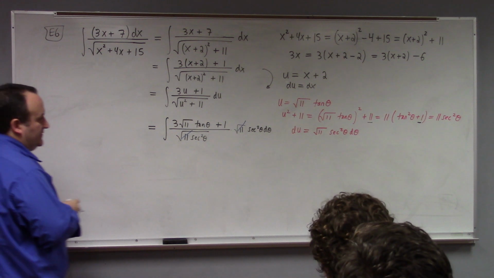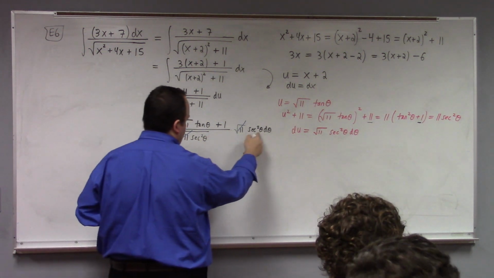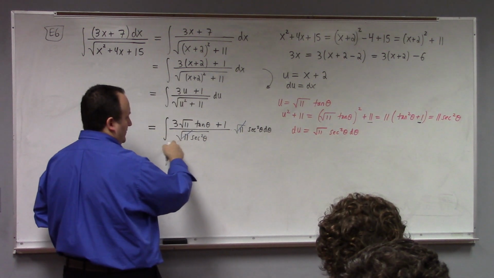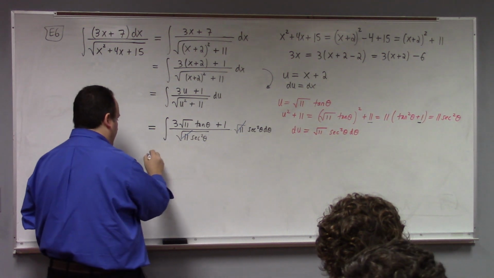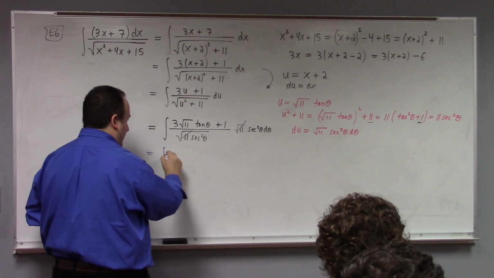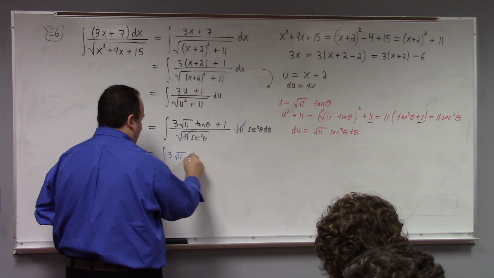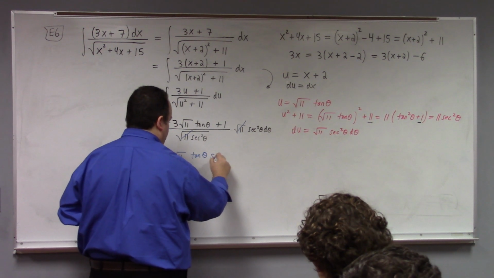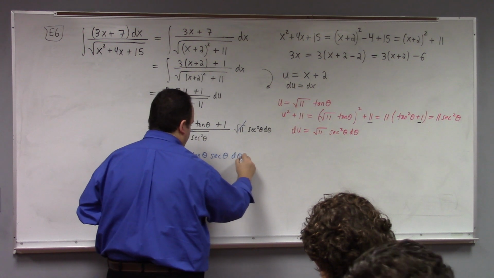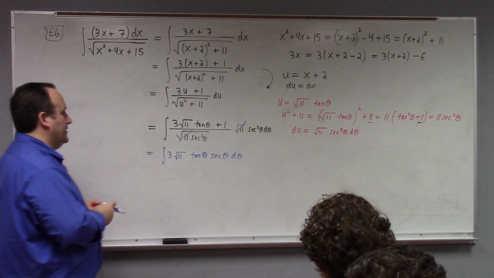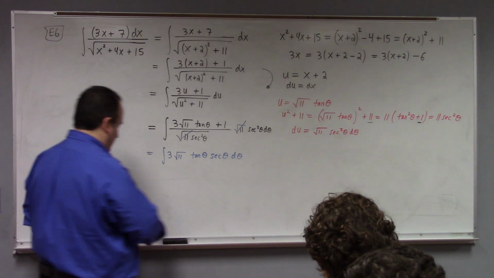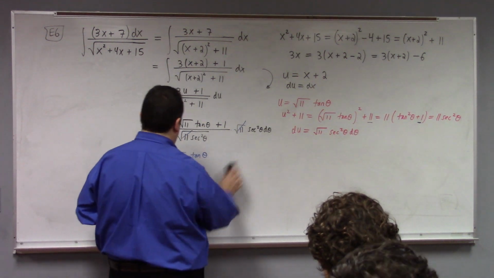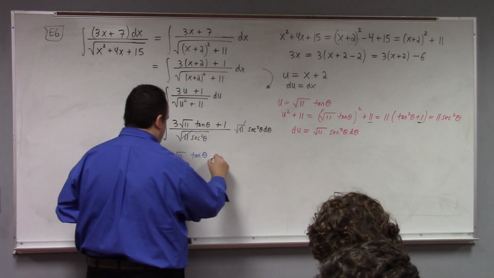And this is secant squared, so we're left with, anyway, let me just go for it here. So we're going to have the integral of 3 root 11, root 11, tangent theta, secant theta, d theta. Oh, my bad. What have I not done? Yeah, it's 3 tangent theta plus 1.